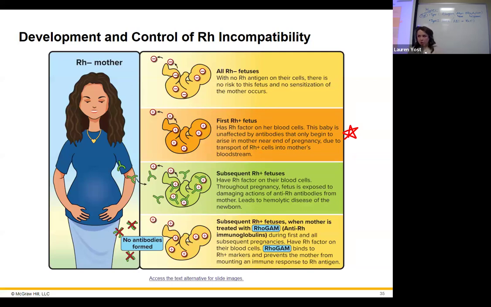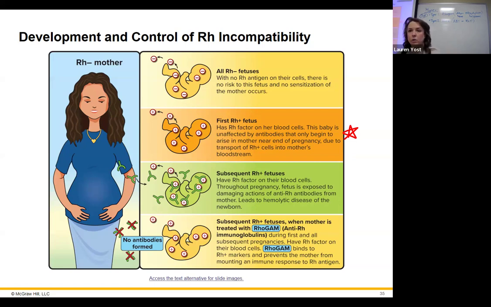However, the second Rh positive fetus that you carry, you already manufacture antibodies against Rh. So now once that baby gets to the point that it has that marker visible on its cells, we start having the same thing happening in that baby as we did in your blood transfusion.